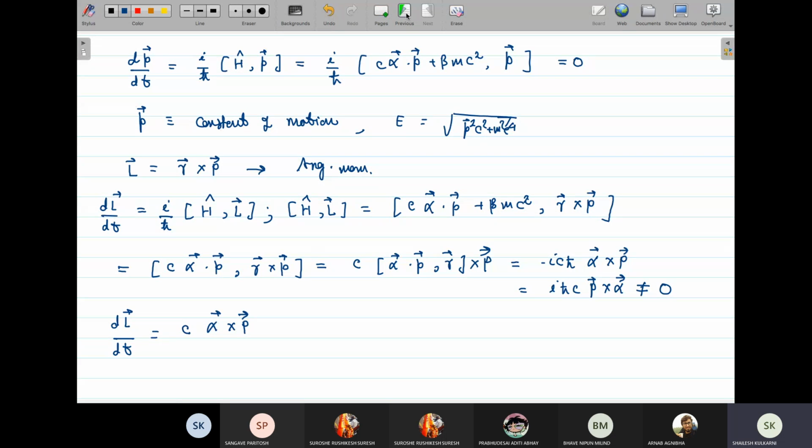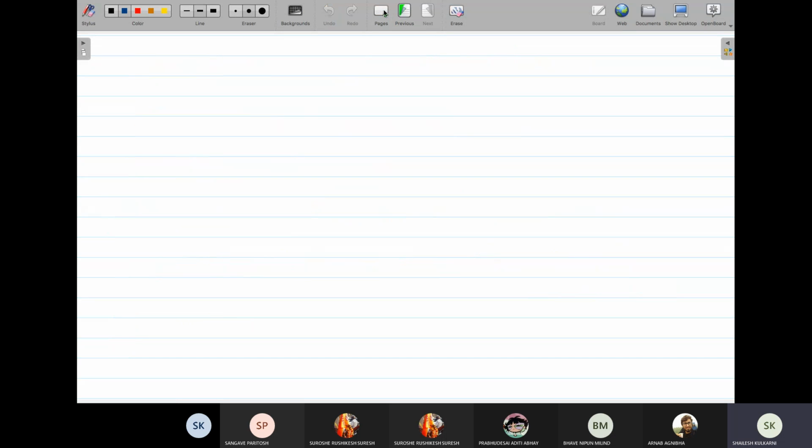Let us see. Suppose I construct some quantity, say A. The way we define gamma i is 0 sigma i, minus sigma i 0. This is our gamma i.